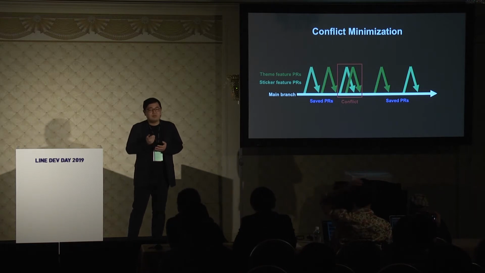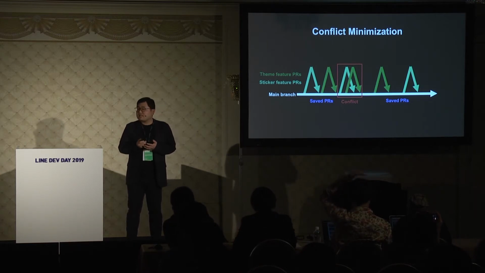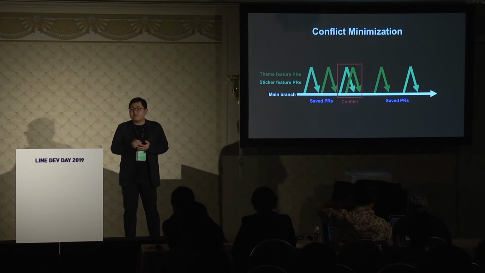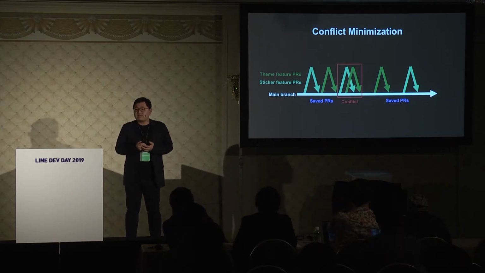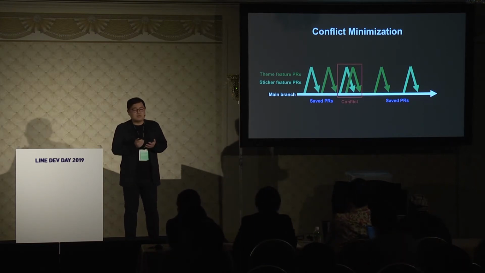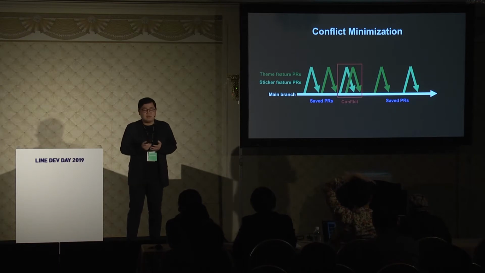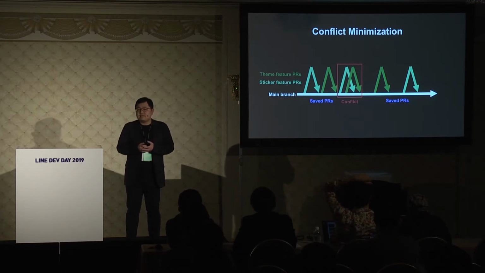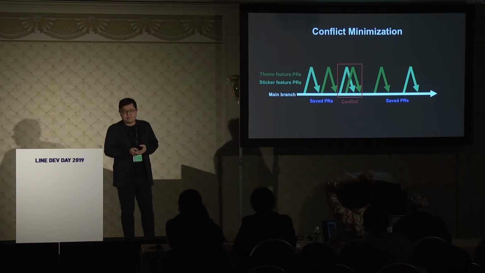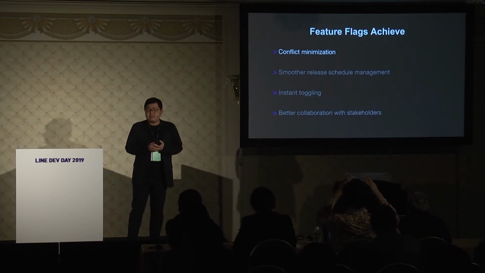If there is a conflict, the pull request size itself is small, so the size of the conflict would be small. In this particular case, in the middle, it is difficult to have a conflict itself.